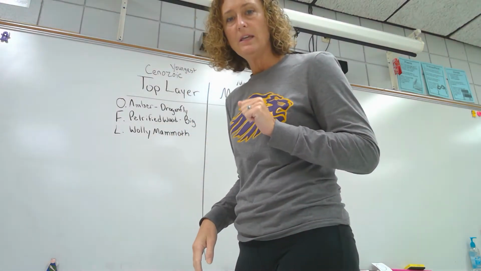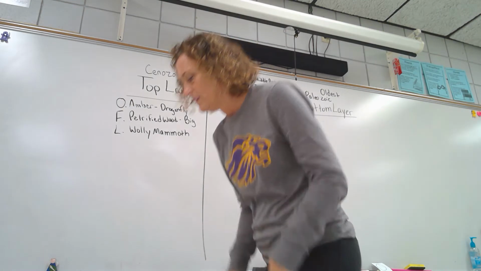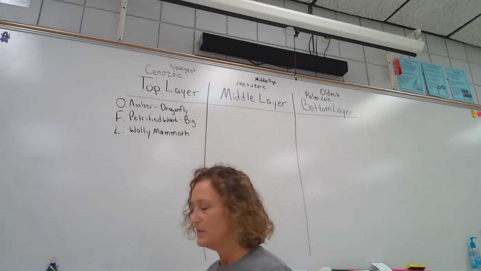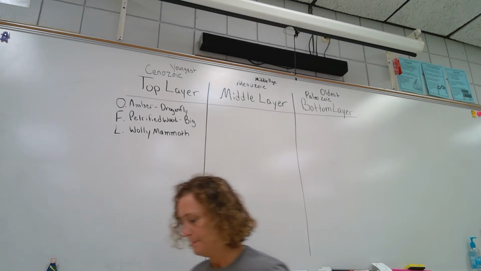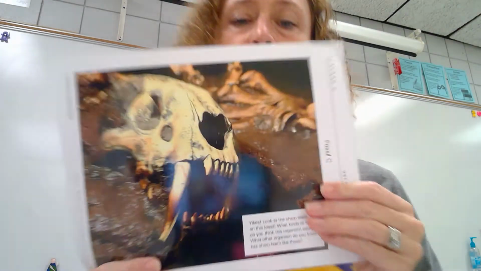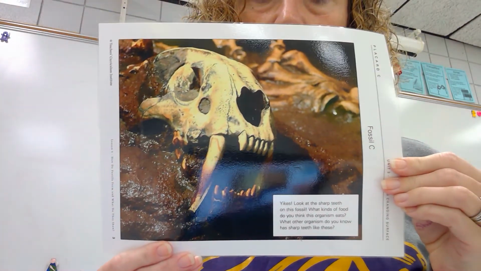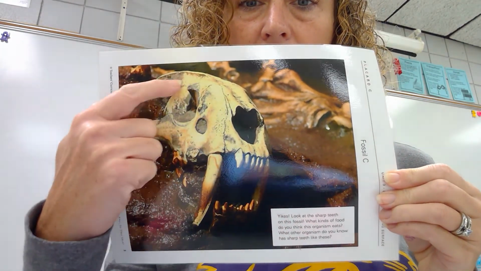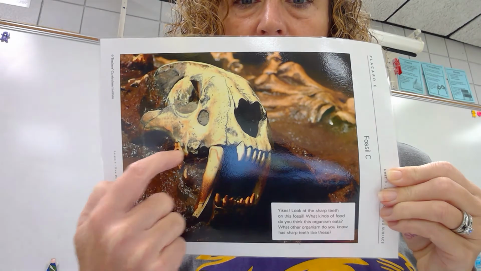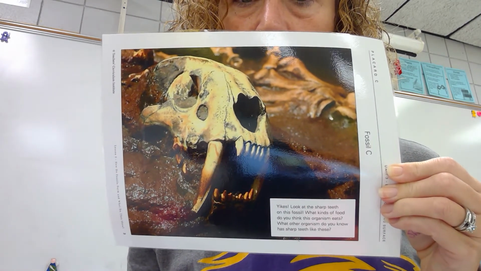Let's go ahead and dig and get at least one more for good evidence and try to guess what kind of ecosystem this is. So dig, dig, dig. This one has some sharp teeth and a head that's kind of shaped like other cats that I have seen.